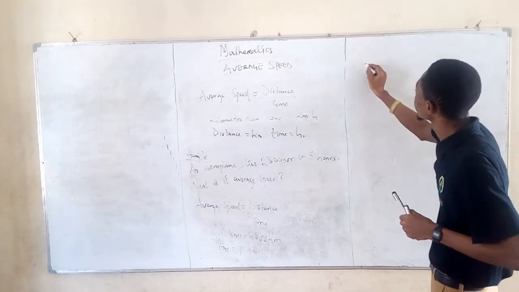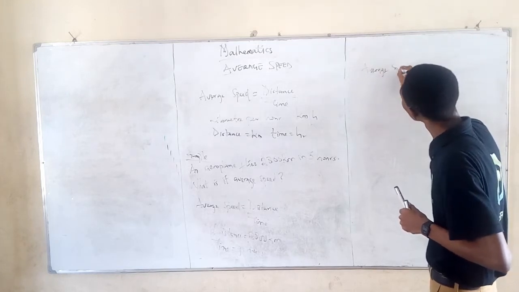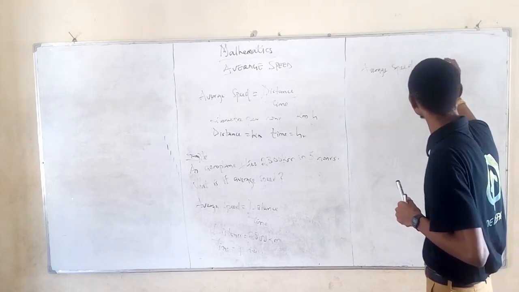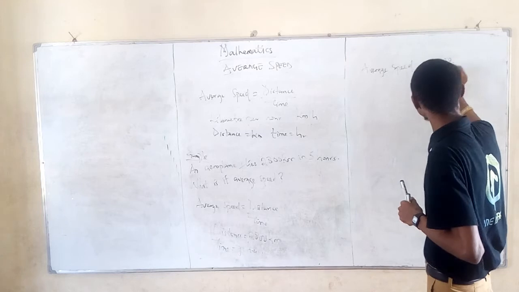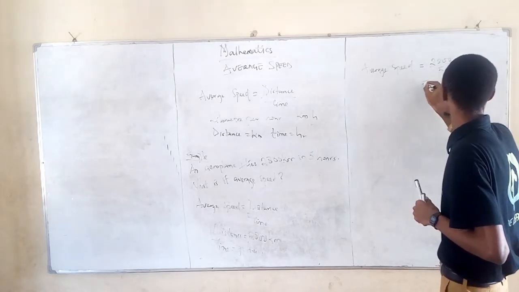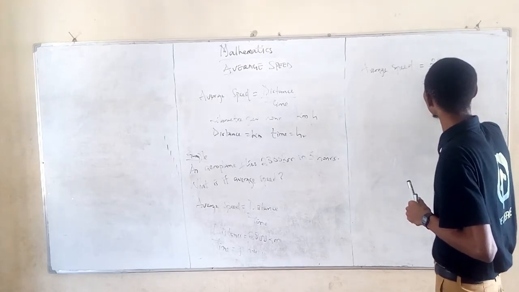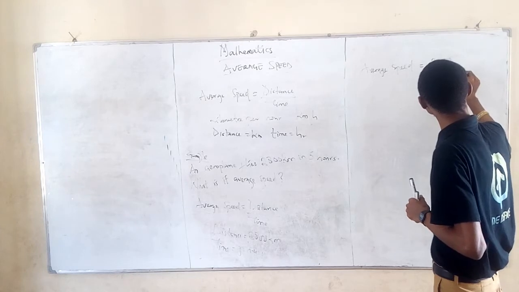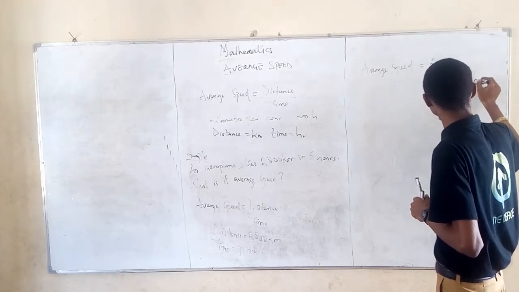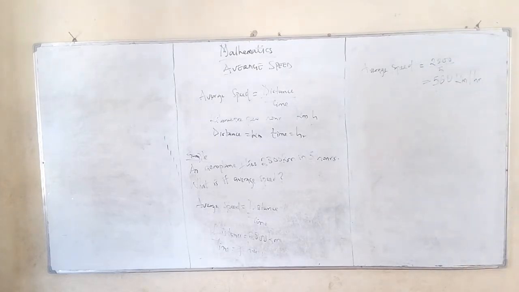Our average speed is equal to 2,800 divided by 5 hours. And 5 into 28 is 5, remainder 3, and so on, which gives us 560 kilometers per hour. This is our average speed for this journey.